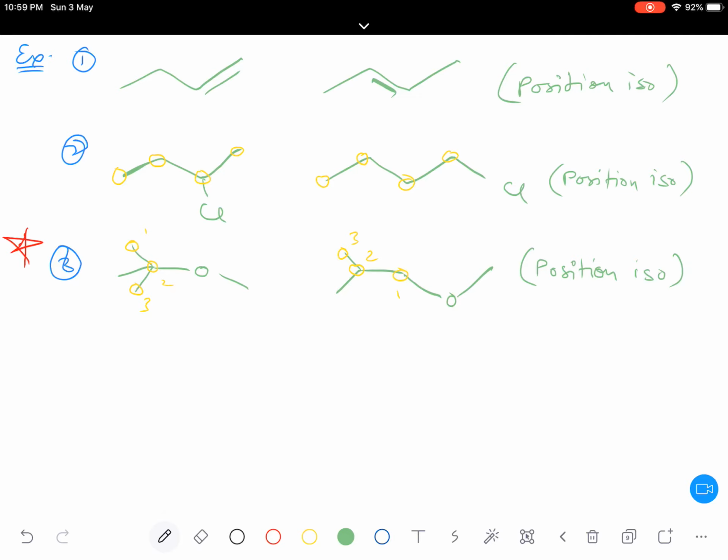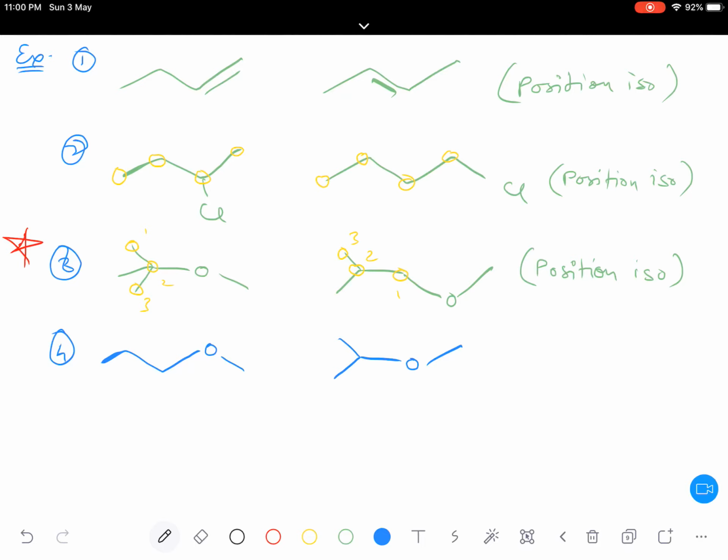Clear? Next example, if I take the fourth one, let's say this, and if I take this, the number of carbon is coming out to be the same, 1 2 3 4, 1 2 3 4.